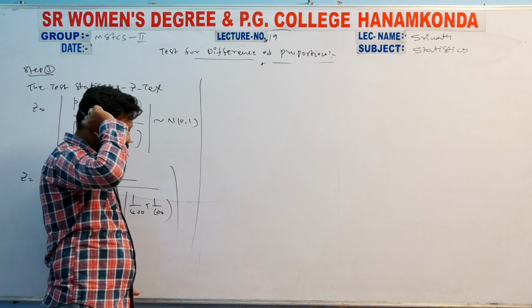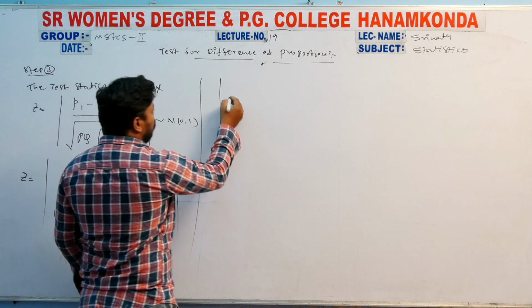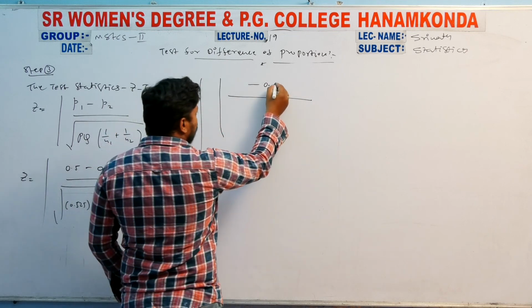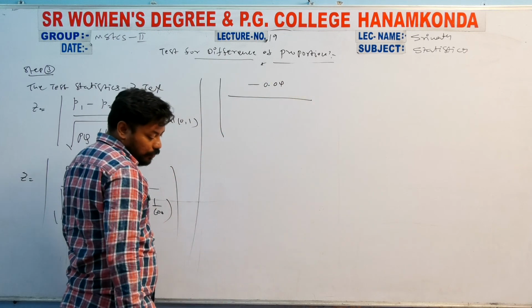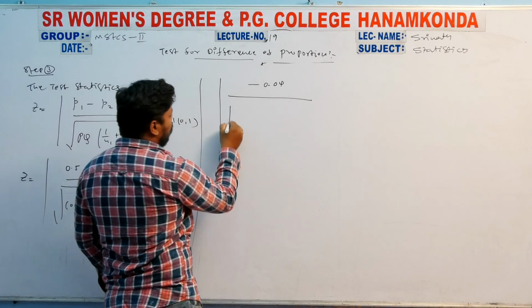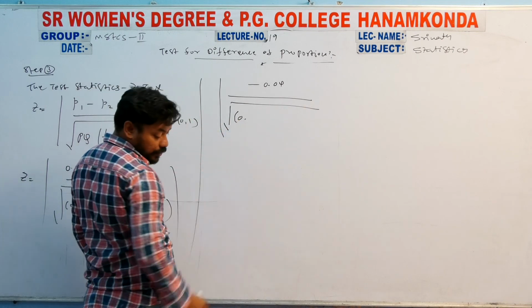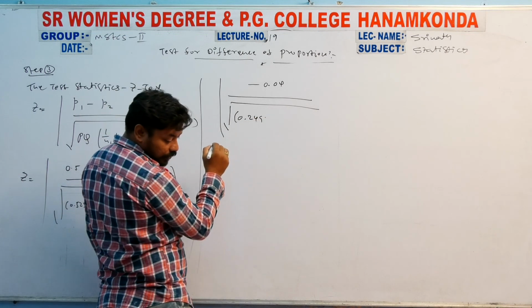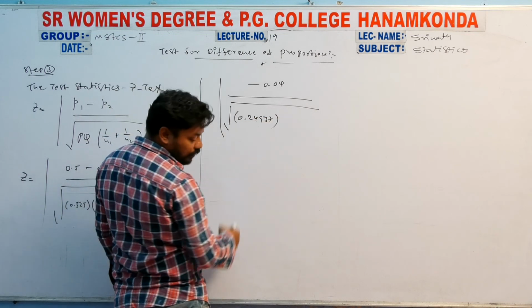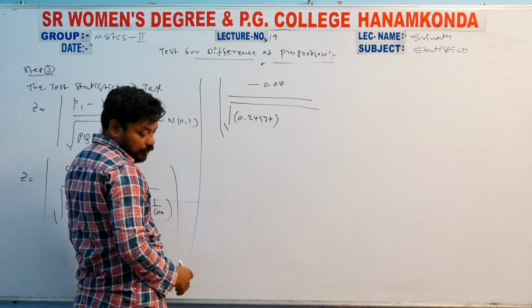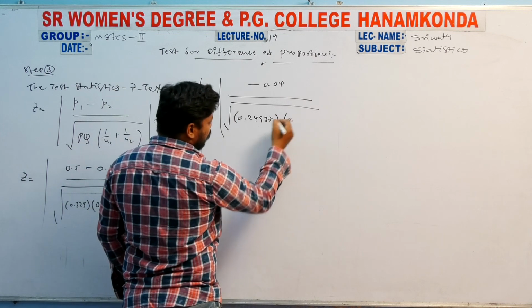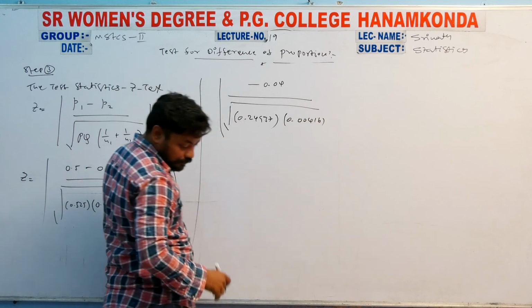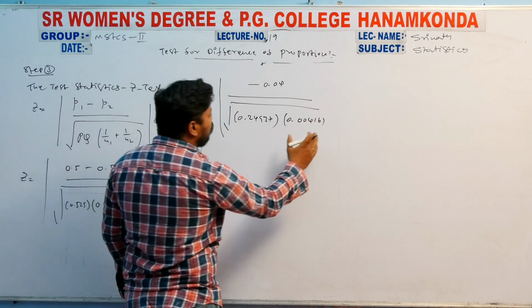And also the subtraction is minus 0.04, under root of 0.249375 into 0.004166.